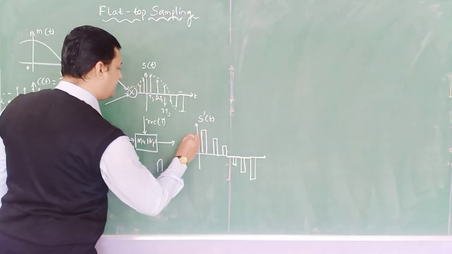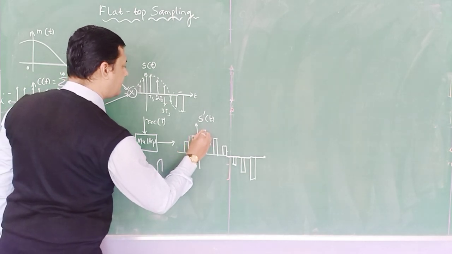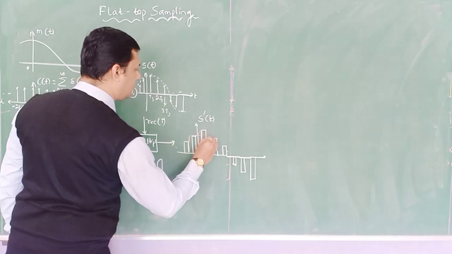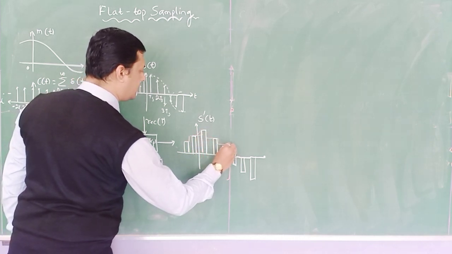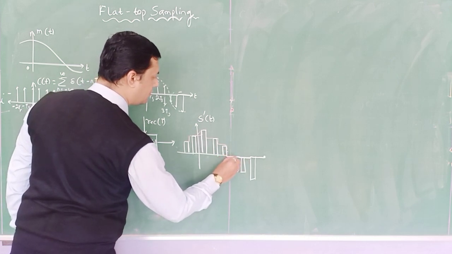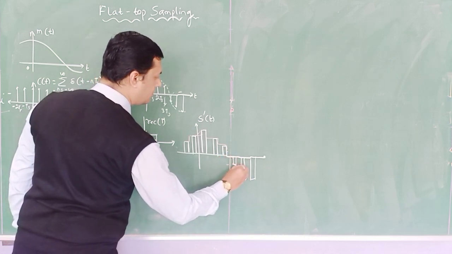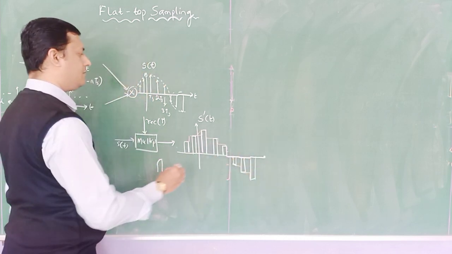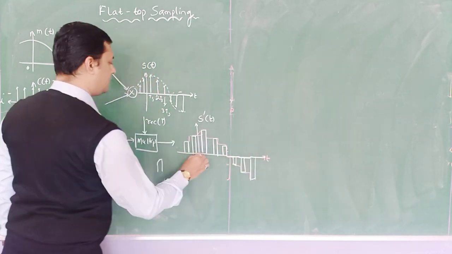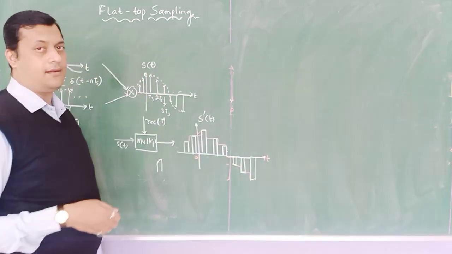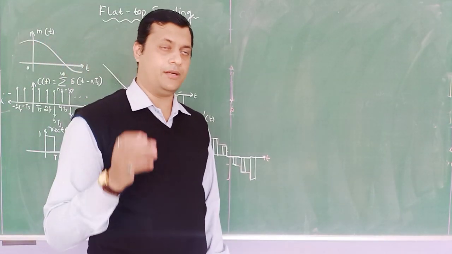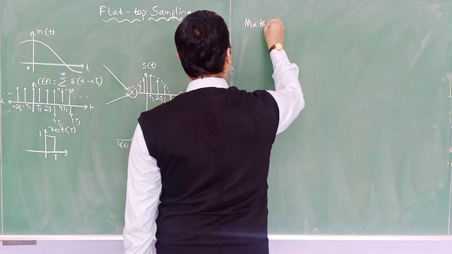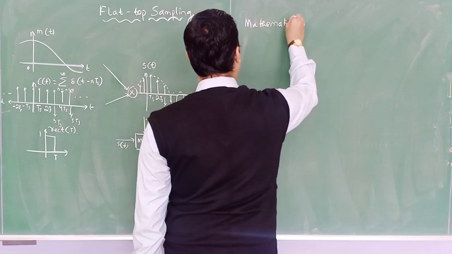Now we need to analyze, so these are all sample signals. Like this. This is your t, this is your 0. So this is called your flat top sample signal. Now we will continue with mathematical analysis.